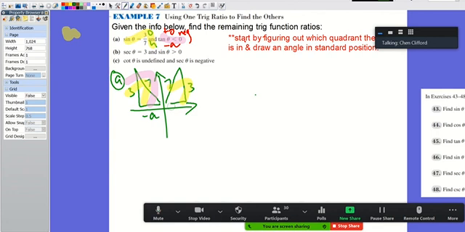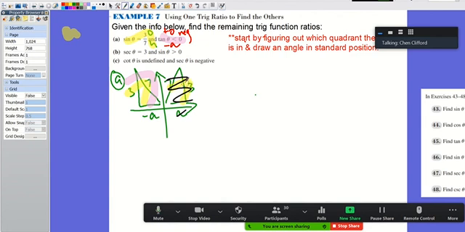Because in this other case, adjacent is positive, and a positive 3 over a positive adjacent will not produce a tangent that's negative. So we're looking at the top left triangle. We can ignore this guy right now. Here, cross it out.